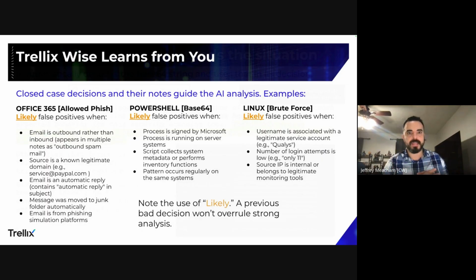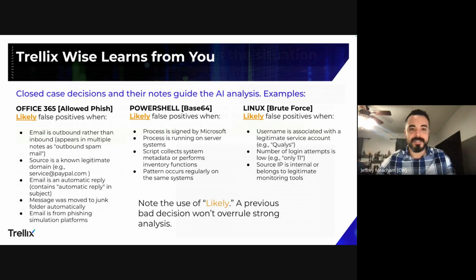And taking all that information, it's able to apply it to your future investigations. So for example, shown right here, if an Office 365 phishing alert turns out to be an outbound email from a known domain like PayPal or some other simulation tool, that pattern's actually noted.